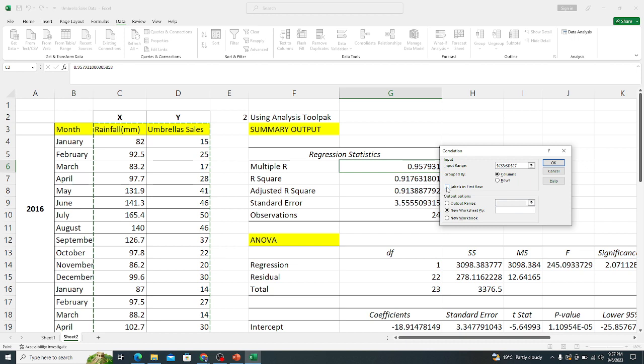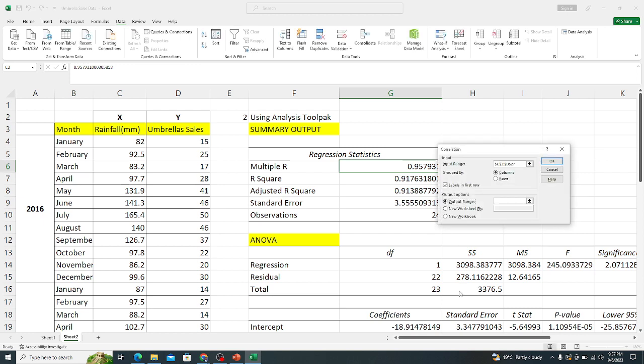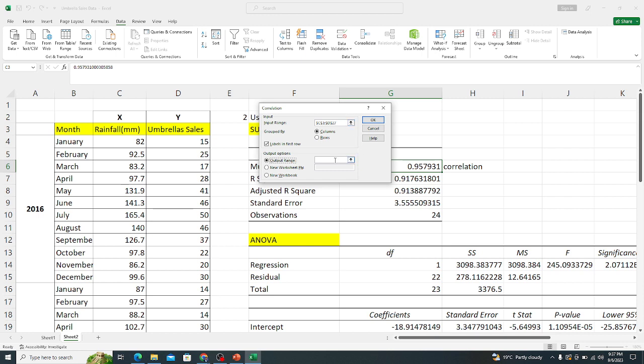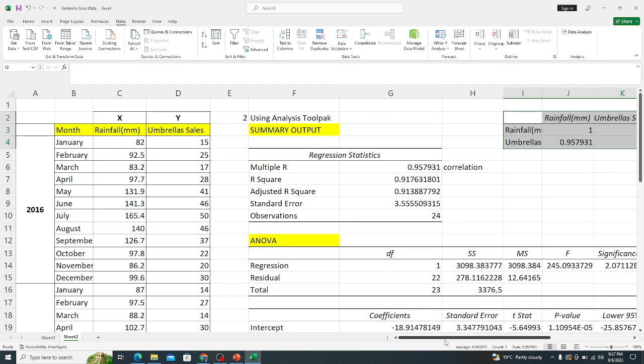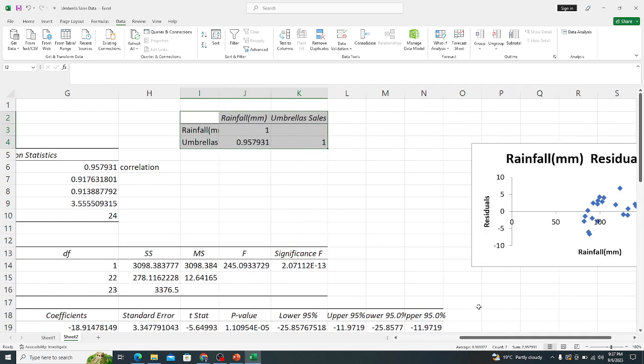Then select labels in the first row, and I want the output in the same workbook, so I'll click on the same worksheet and select a cell here to print my output. Once I print my output, you can see what we are getting here.